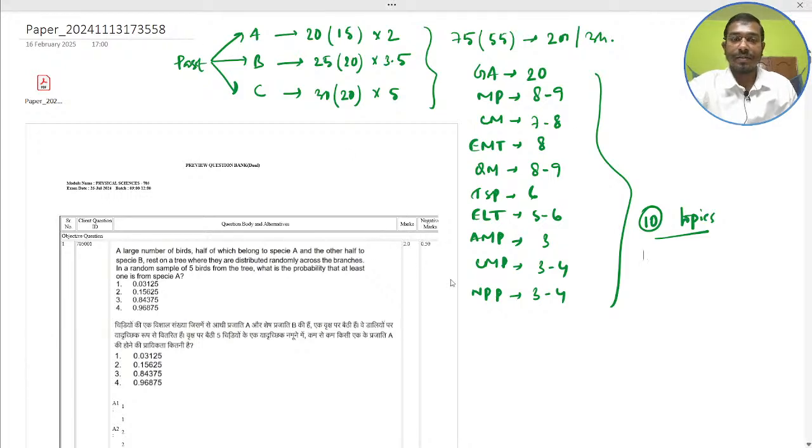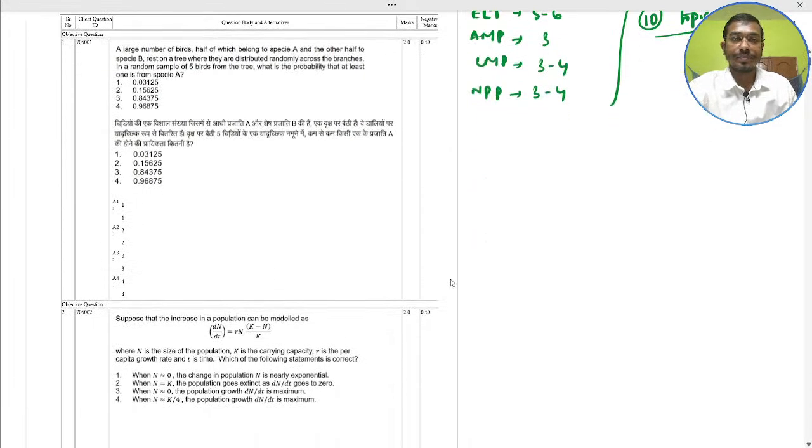These are the strategies. So the first question ID is 705001. This is the current question paper downloaded from the CSIR NET website, in English and Hindi both.